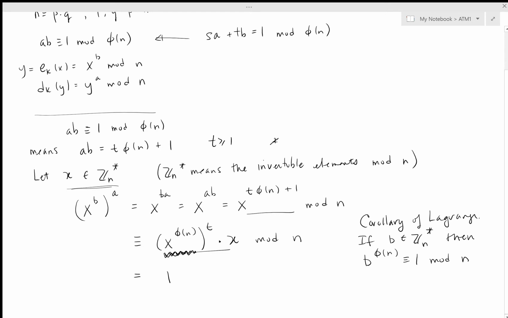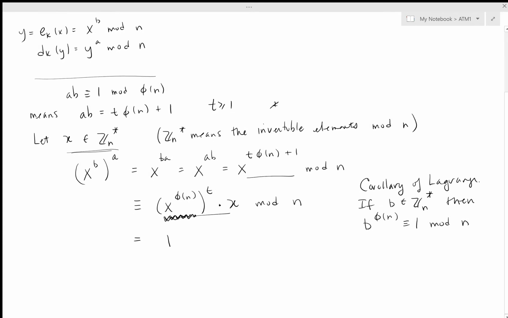Therefore, when I raise it to the phi of n, I get 1. So that is 1 to the t times x mod n, and that is equal to x mod n. Perfect. That is exactly what I wanted to show.